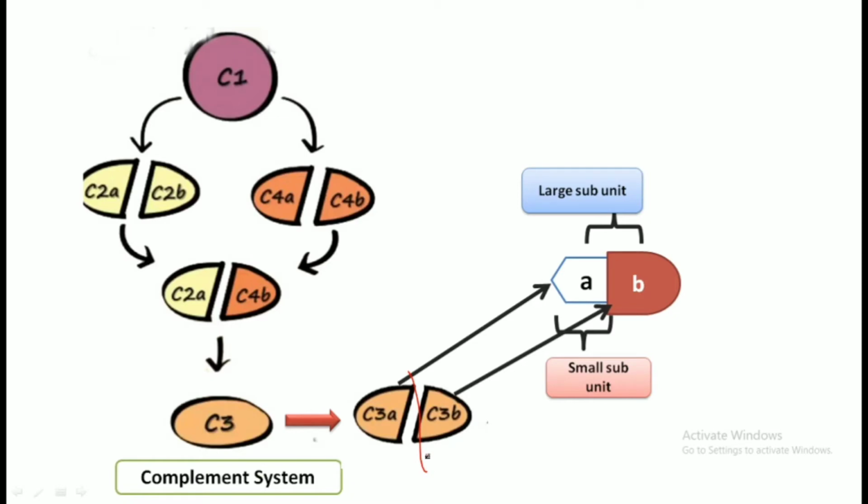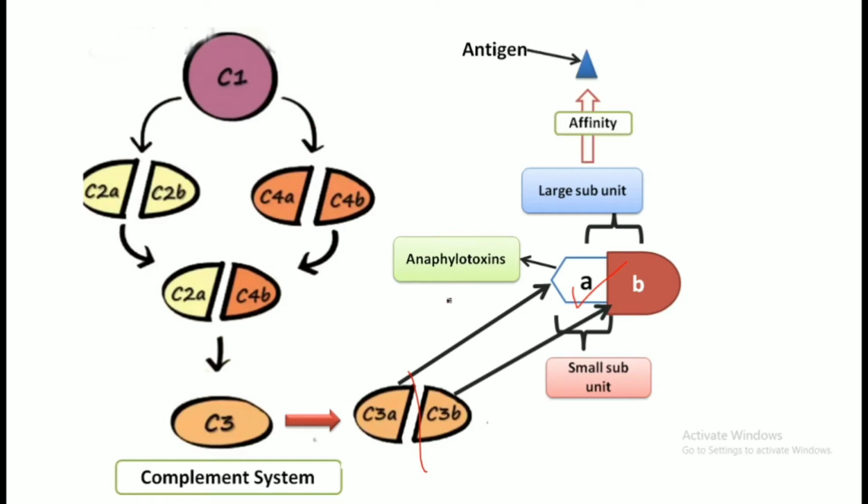This is known as complement fixation. The small subunit, that is the A subunit, is also known as the anaphylatoxin, which has anaphylatoxic activity on the blood vessels. The large subunit has an affinity towards the antigen, whereas the small subunit gets dissociated after complement fixation.